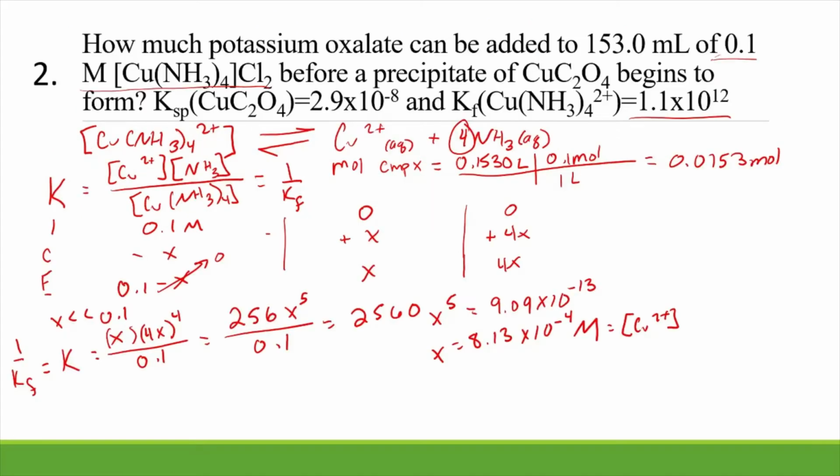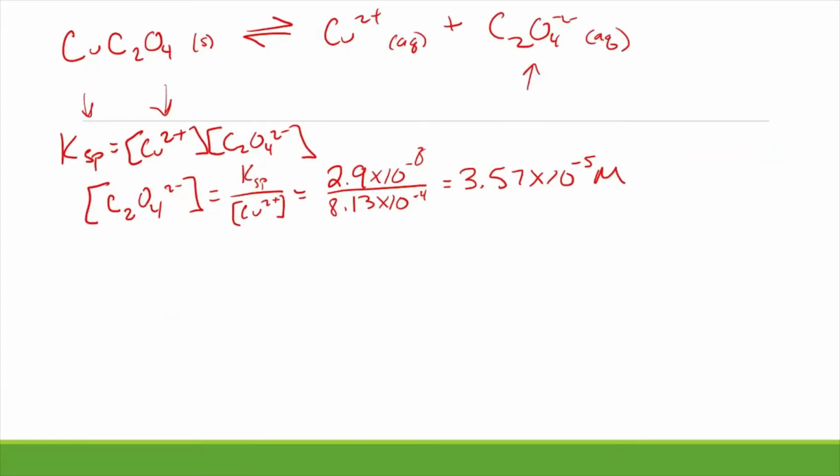We want to know how much potassium oxalate. And if you were to look at ChemVantage, it wants your answer in milligrams. So now we have 3.57 times 10 to the negative 5th molar, which means moles of oxalate for every 1 liter of solution.